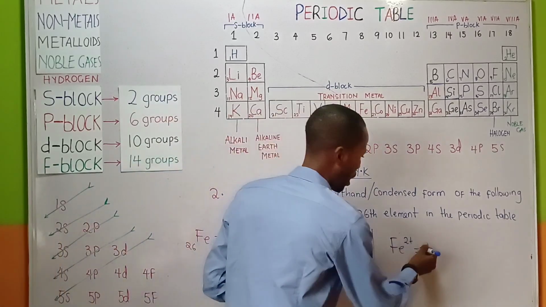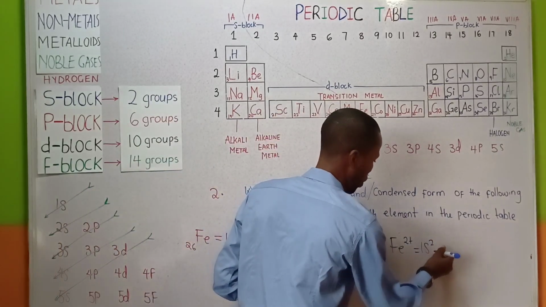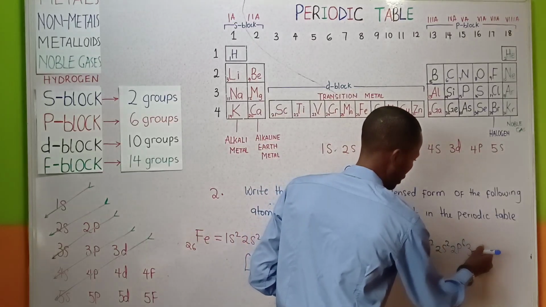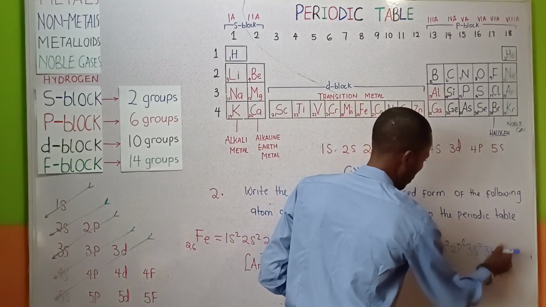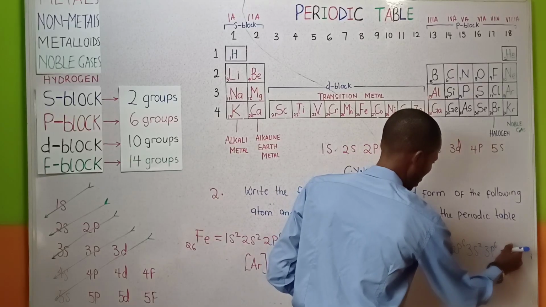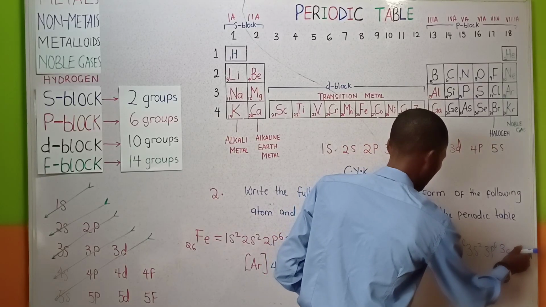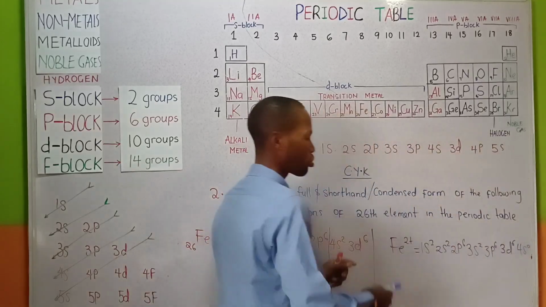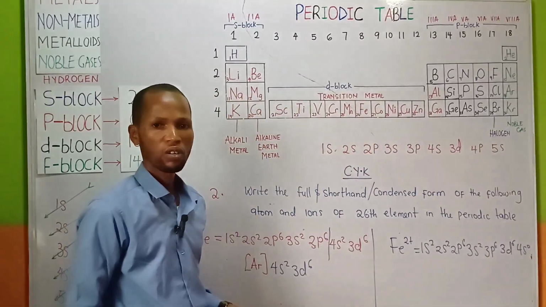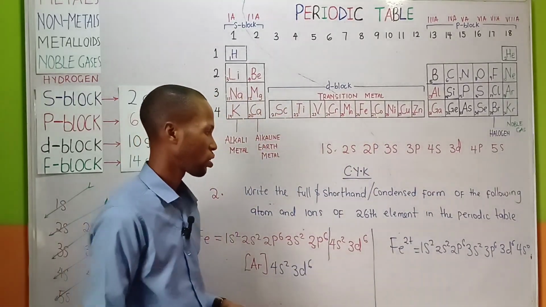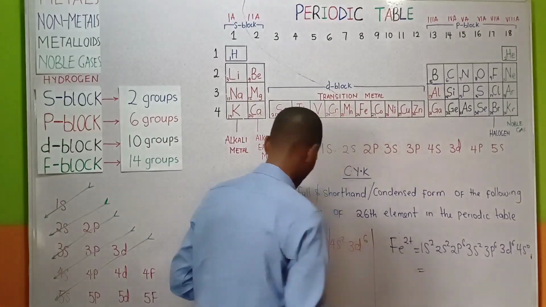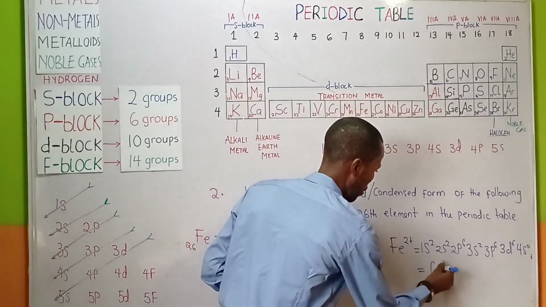Right here we are going to have the full electronic configuration: 1s2, 2s2, 2p6, 3s2, 3p6. We have 3d6 and 4s not. So I'm going to expose the 4s orbital to electron loss. And the shorthand form is given as, we have argon.